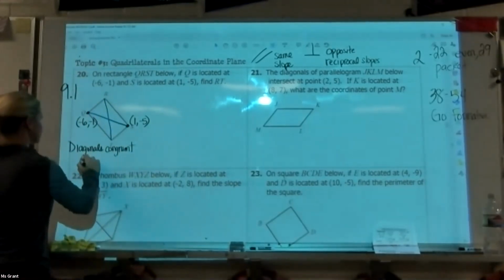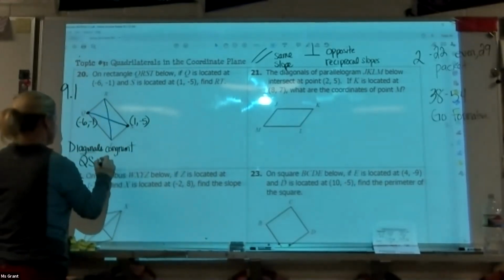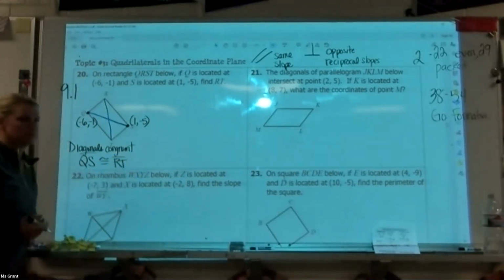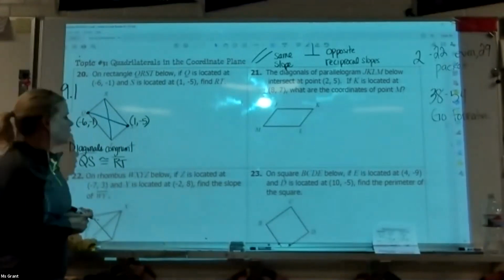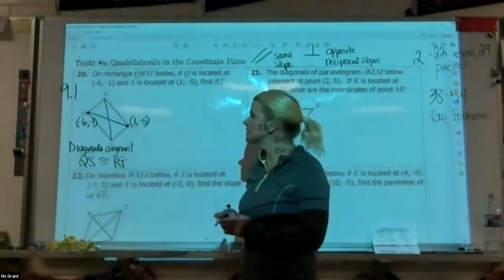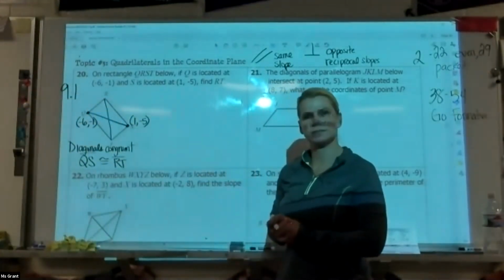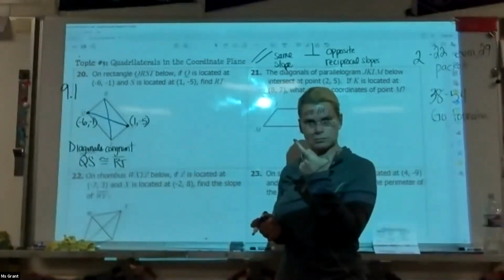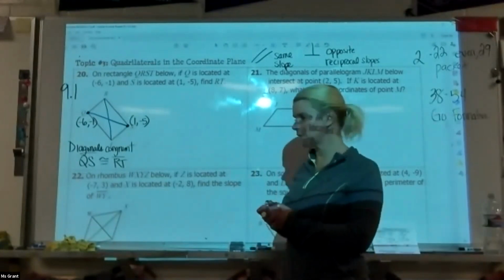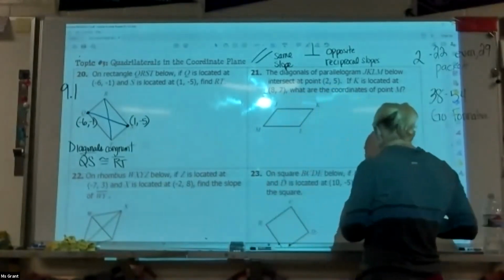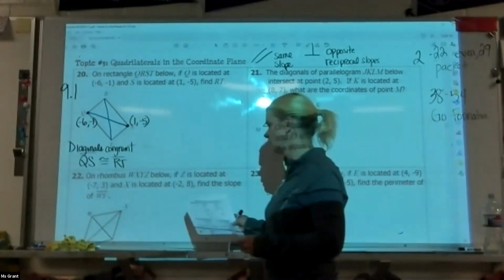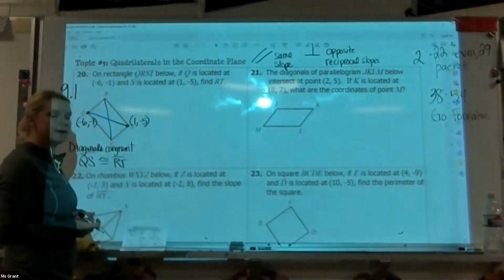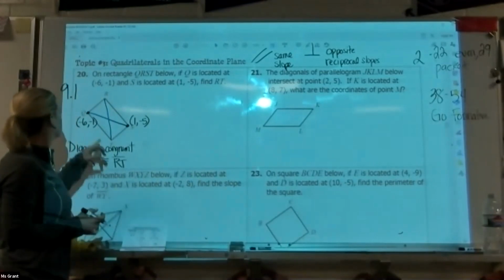So QS is congruent to RT. What do I do to find the distance of QS?